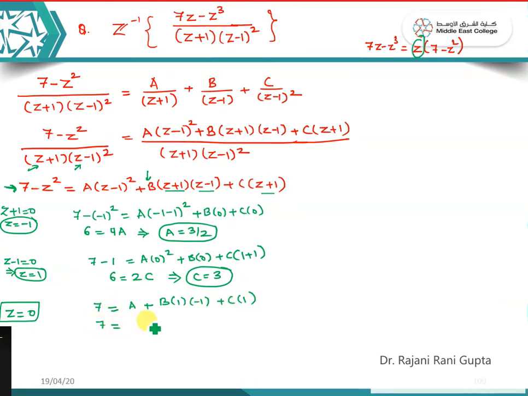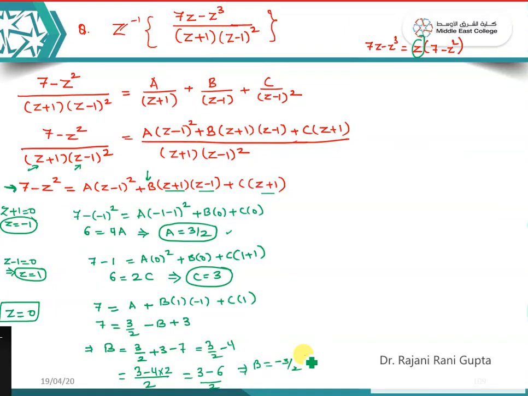So 7 equals A, which is 3 over 2, minus... plus B plus C, where C is 3. This gives B equal to 3 by 2 plus 3 minus 7, that is 3 by 2 minus 4. When you solve it, it's 3 minus 4 times 2, so 3 minus 8... over 2, giving B equal to minus 3 over 2.